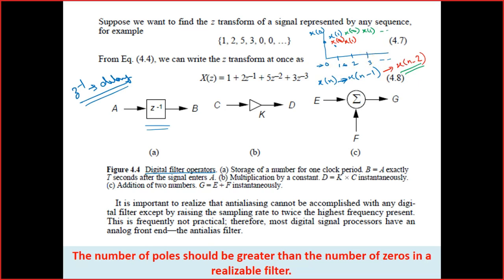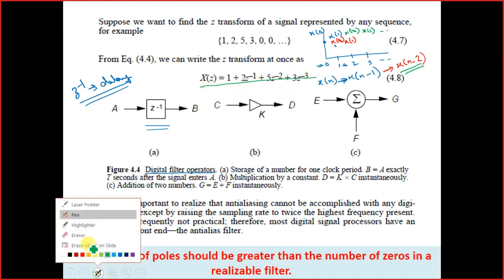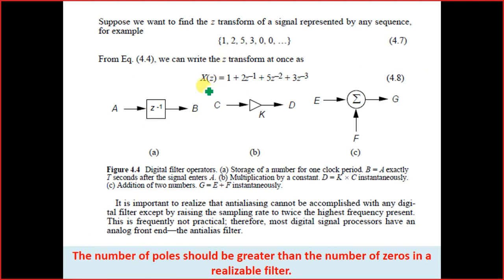Now you would ask, why is this needed? If you look into this equation, what is happening over here? I have told you Z inverse is a delay. Here I am giving a delay to the signal component.